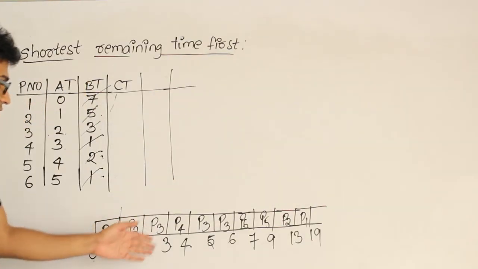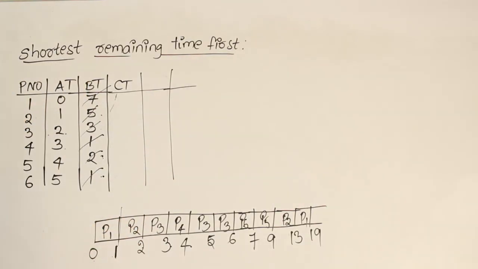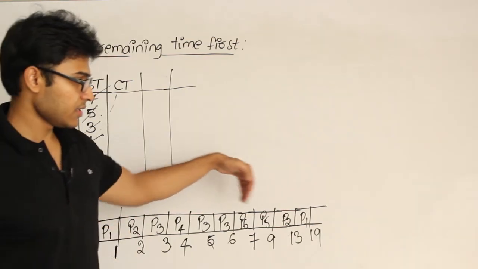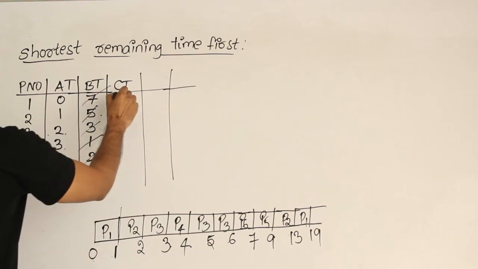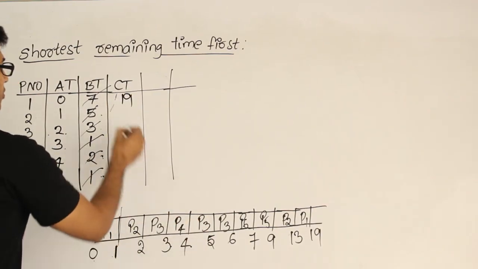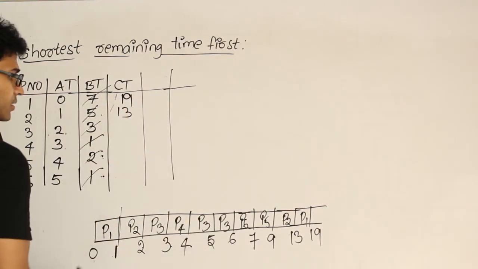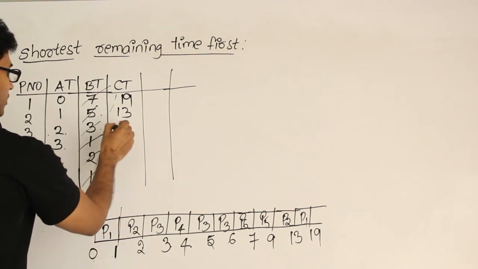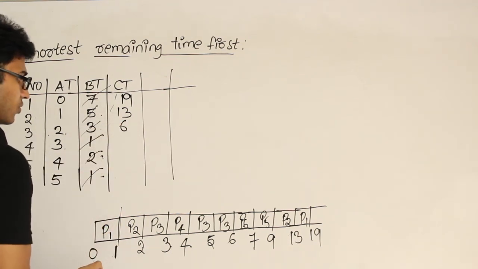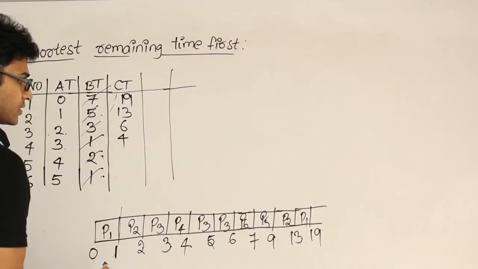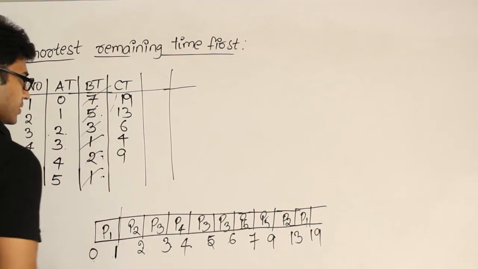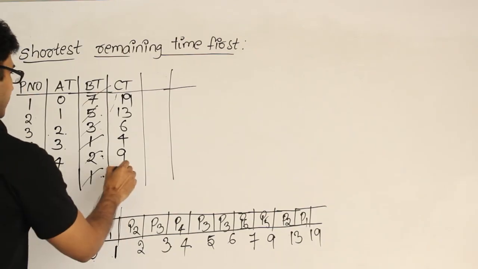If you go from the start, it will just give you the first time at which P1 was executed. So come from the end. The completion time of P1 is 19, P2 is 13, P3 is 6, P4 is 4, P5 is 9, P6 is 7, right?